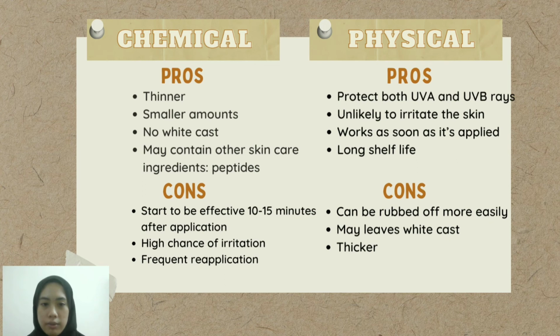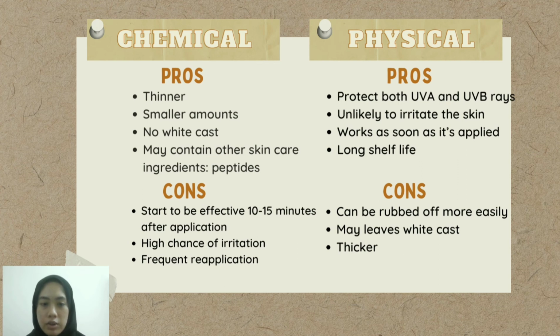It also may not leave a white cast, or only a minimal white cast, after applying. Furthermore, chemical sunscreen may contain other skincare ingredients such as peptides and growth factors, which can provide added benefits to the skin.